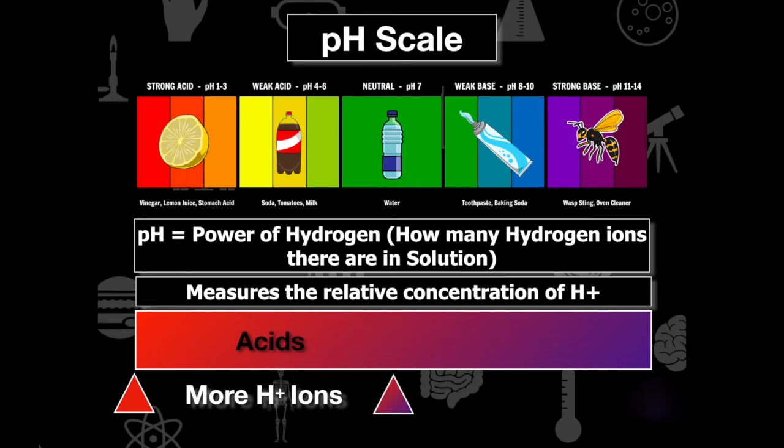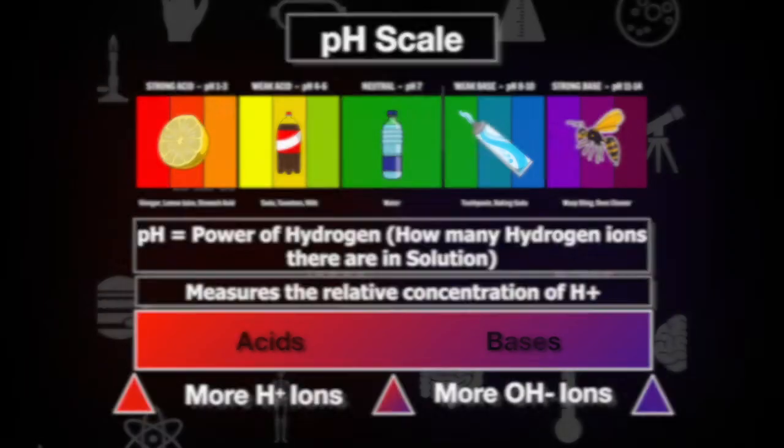If I am from the middle to the other end of the scale, there are more OH minus ions, and the solution is basic. Something like a lemon or Coca-Cola is going to be acidic, with more H plus ions than OH minus ions. Something like a bee sting or toothpaste has more OH minus ions than H plus ions, so it's a basic solution.